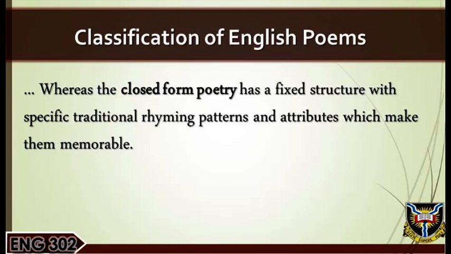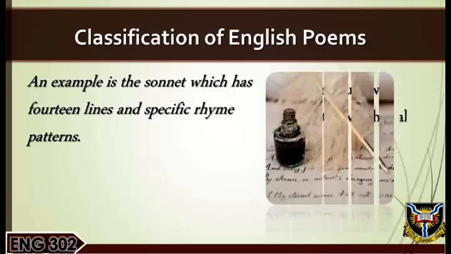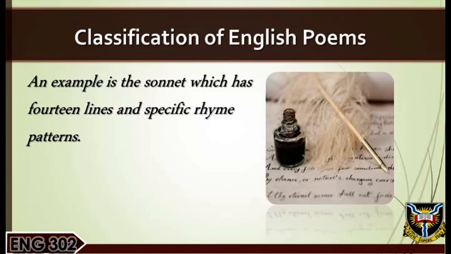Closed form poetry. Whereas the closed form poetry has a fixed structure with specific traditional rhyming patterns and attributes which make them memorable. An example is a sonnet, which has 14 lines and specific rhyme patterns.